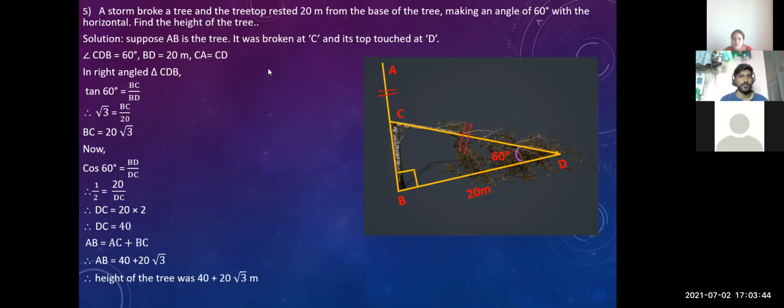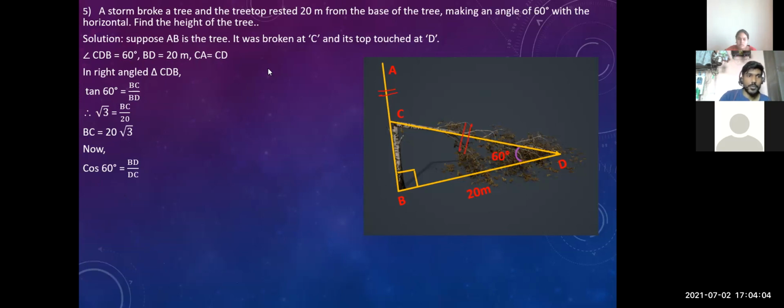So I'll be using CB upon BD, 20. Correct. And you know the value of tan 60. So using that, you'll get the length of side BC. Correct?